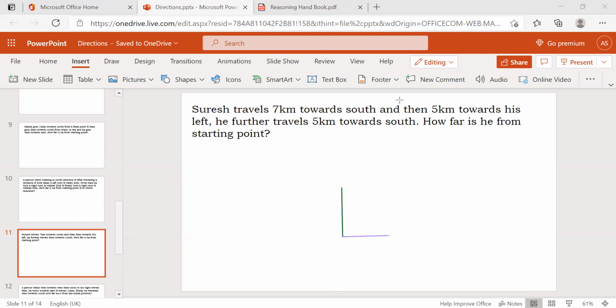Okay, east side. And then from that he turns 5 kilometers towards south. Again south. Okay, here. And now how far is he from here? How far from the starting point?